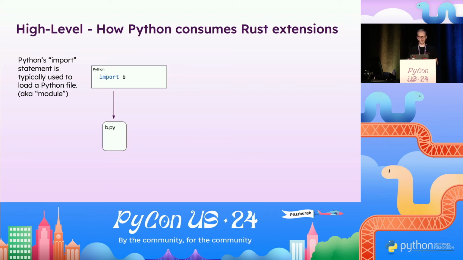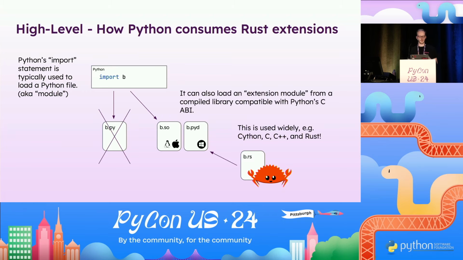But there's another mode. If the file happens to be correctly named as a native library, then the import statement can recognize that file name too and will attempt to load from it using what's called the Python C ABI, or Application Binary Interface. And so long as the native code contained in that file is structured in the correct way, then Python is able to import from it.